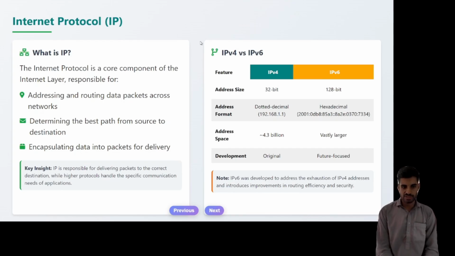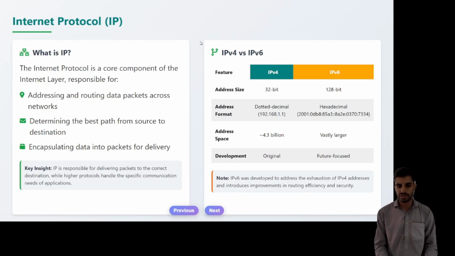So IP is responsible for delivering packets to correct destination while higher protocols handle the specific communication needs of application. So it's responsible for delivering packets from one end device to another on a large network. Also, on the small one, we use the IP address.